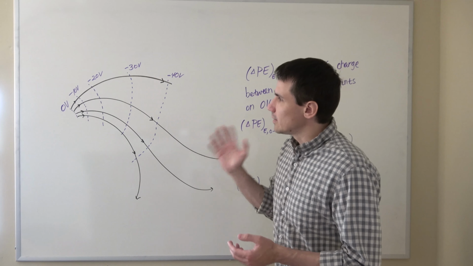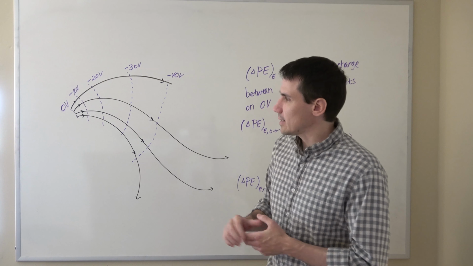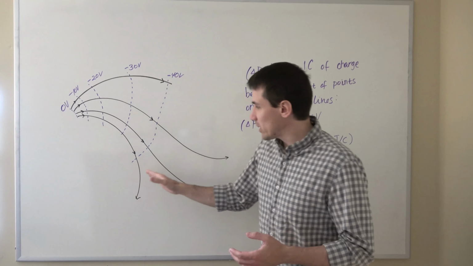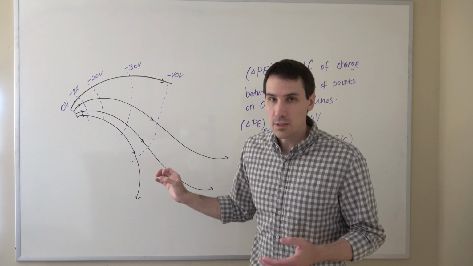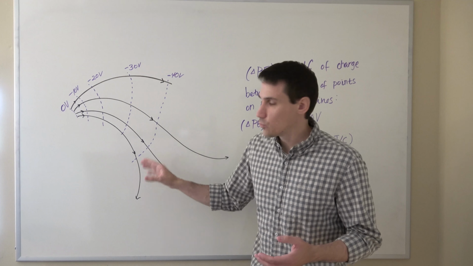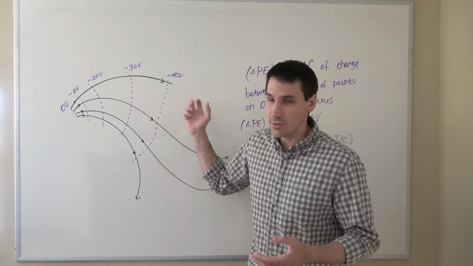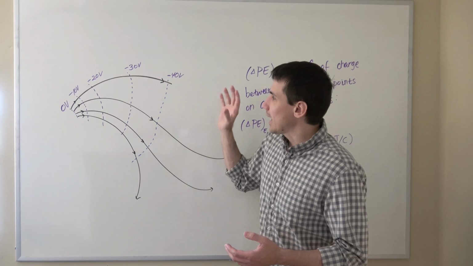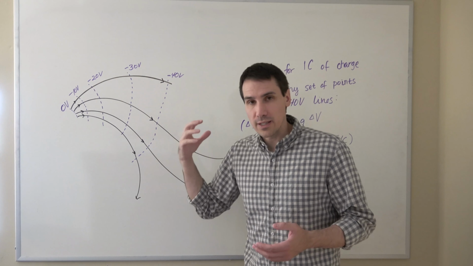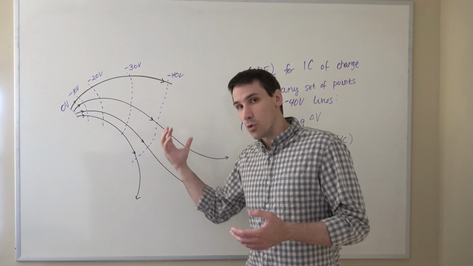Another thing to note about these lines is that as we move to a weaker and weaker electric field, we can tell that the electric field is weaker because the electric field lines are less dense. As we do that, the electric potential falls off more slowly.